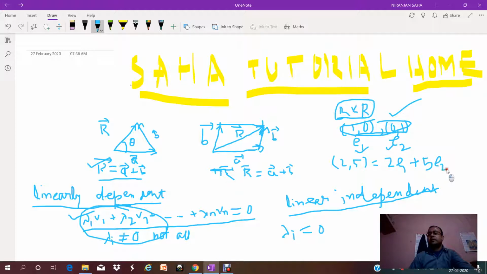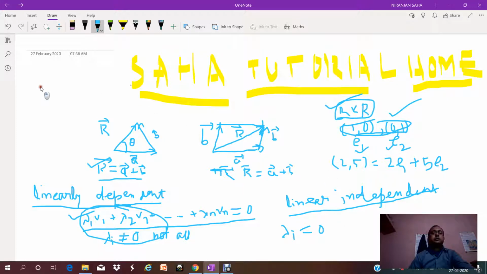That's why any vector can be represented by these basis vectors, and that's why they are called the basis of the two-dimensional Cartesian plane. Any point can be represented by these two basis vectors, and the two basis vectors span the whole two-dimensional plane. For three dimensions, what will it be?